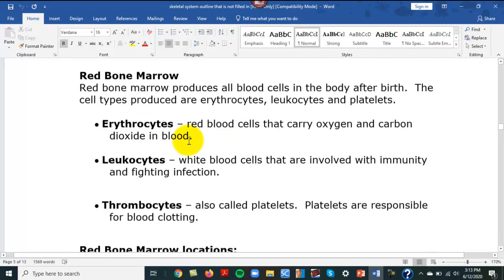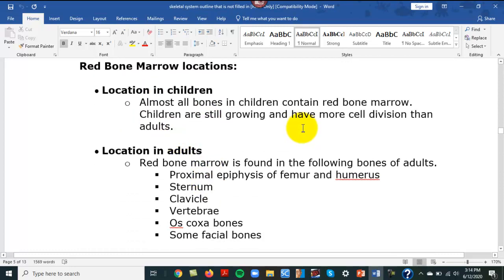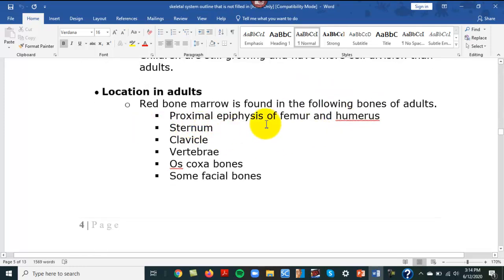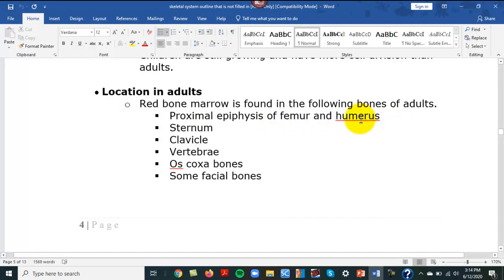So red bone marrow produces all these blood cell types. In kids, it's found pretty much in every single bone. In adults, this is where you find it.